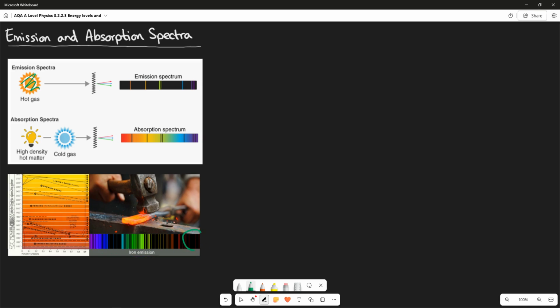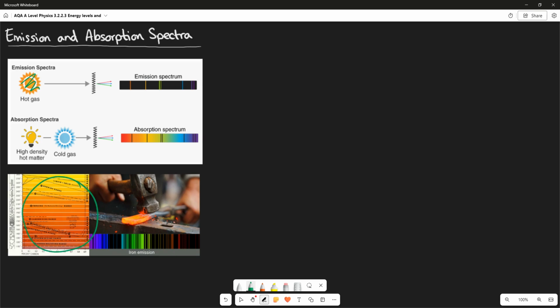So cool iron is red, warm iron is orange, hot iron is yellow, and extremely hot iron is white. So that's where we get the phrase something being white hot.